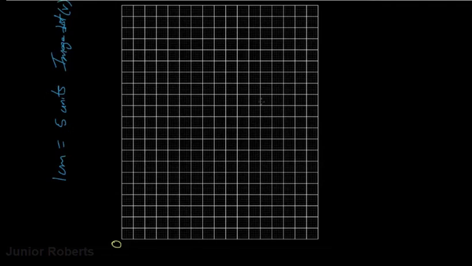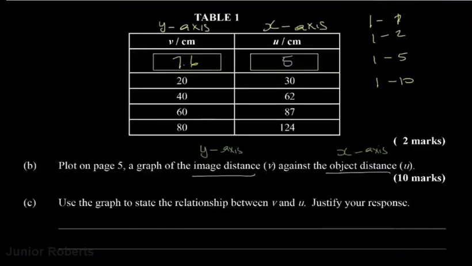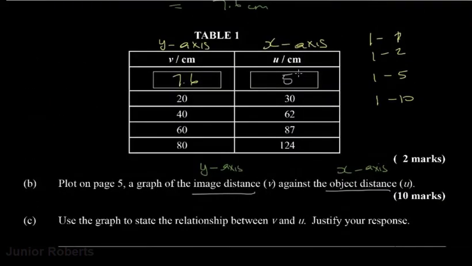So now let us determine a scale for our x-axis. So we'll go back to our table and we see for the x-axis, we need to plot from 5 to 124, right? So we're going to use this ratio again. I won't bother going through these because they didn't work for the y-axis, so they're definitely not going to work on the x-axis. So we're going to try 1 to 5 and see what happens.